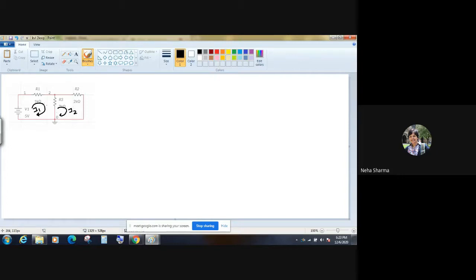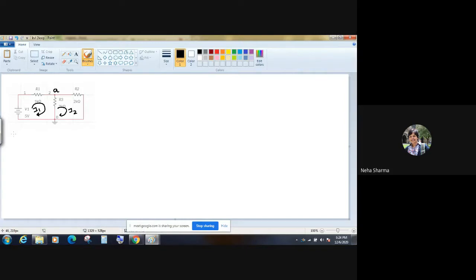If I look at the 3 kilo ohm resistor, then I1 is flowing from this node towards ground and I2 is flowing from ground towards this particular node. Let's call this node A. Let's try to solve it using mesh analysis.